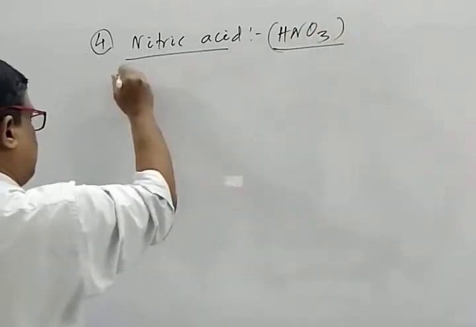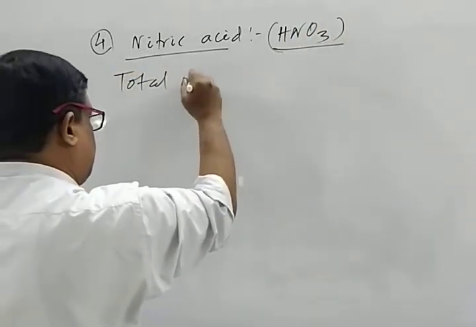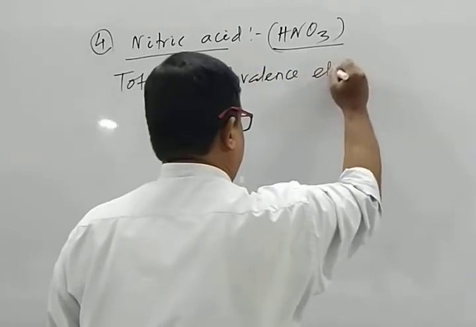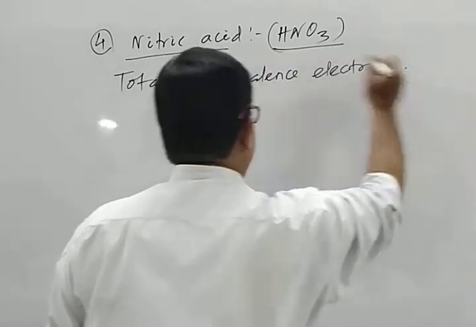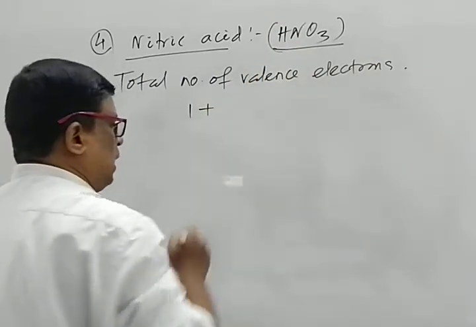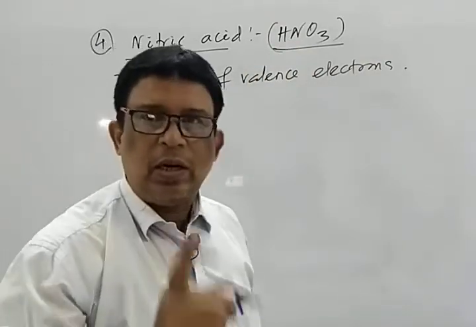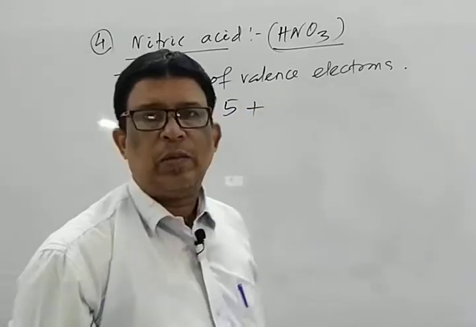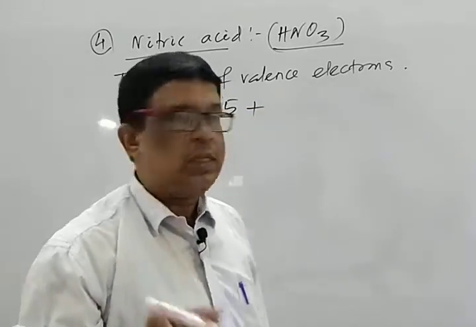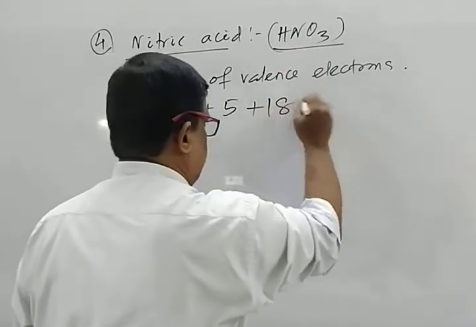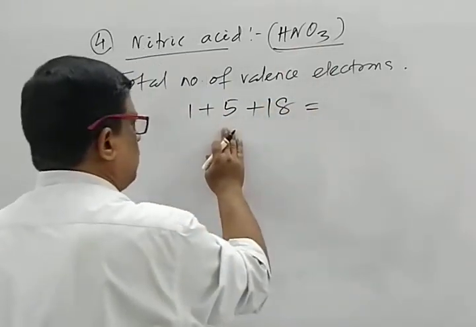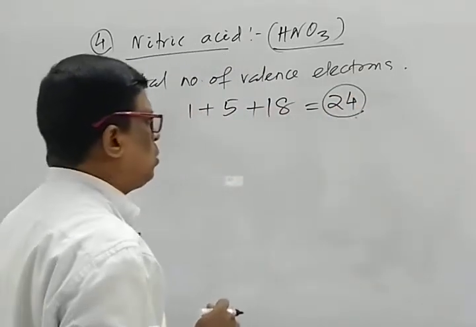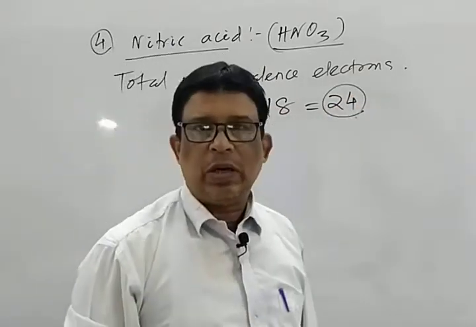Mark that. Total number of valence electrons. H is 1 plus nitrogen, atomic number 7, 2, 5, outermost is 5. Oxygen, atomic number 8, 2, 6, outermost is 6, 6 into 3, 18, 5, 23, plus 1, 24. 24 electrons, or 12 pairs, are there.